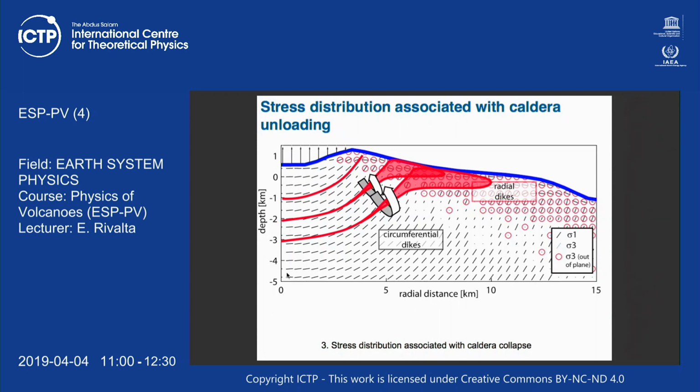This actually may be the reason exactly why you have this storage that is actually a flat crack. Because every time you have a dike from below that comes somehow vertically, it will tend to turn horizontal, and this will be the most favored direction for the magma storage in the island.